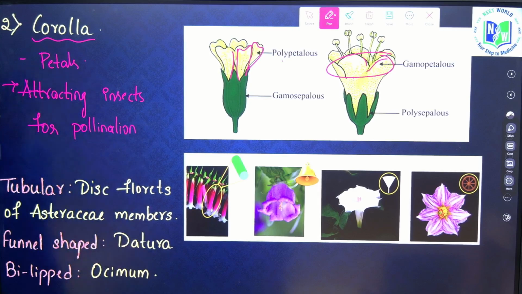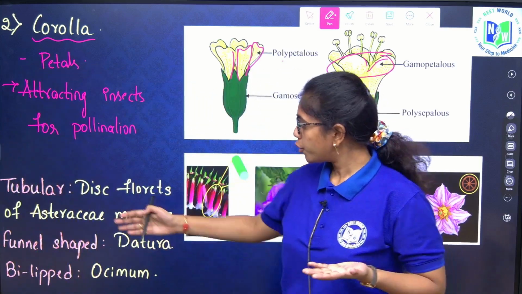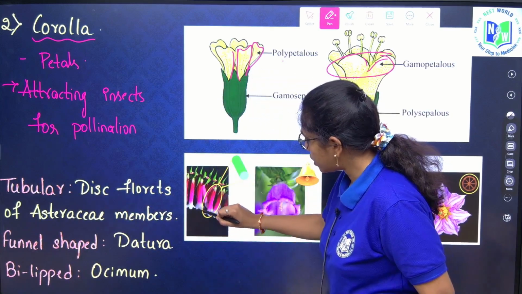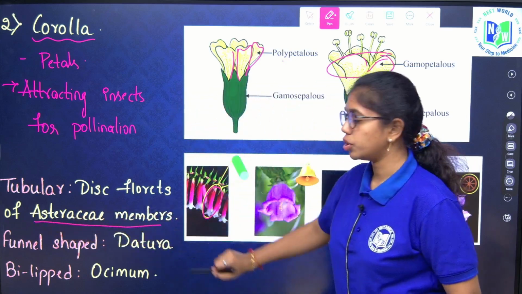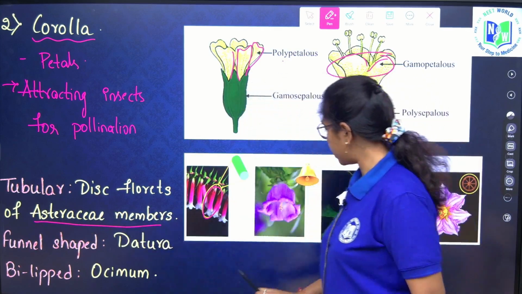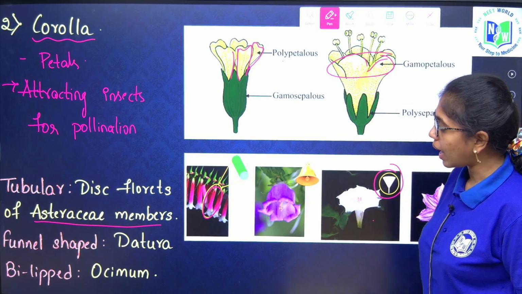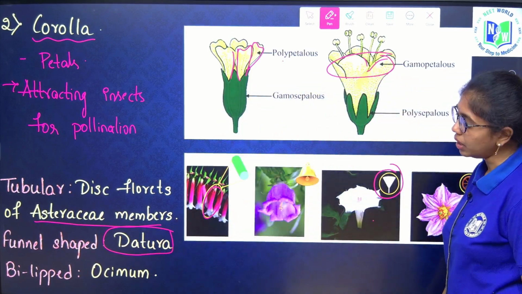Clear? Next, there are different shapes of the corolla, like tubular or disc tubular forms. This tubular pattern you will observe in the Asteraceae members. Funnel shaped corolla you will observe in Datura.